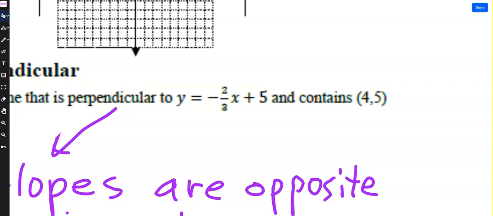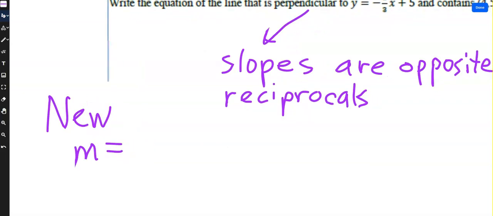Negative 2/3. So if I need the opposite and the reciprocal of negative 2/3, what would I get? 3/2. Where have you been? That is true. The new slope is going to be 3/2.